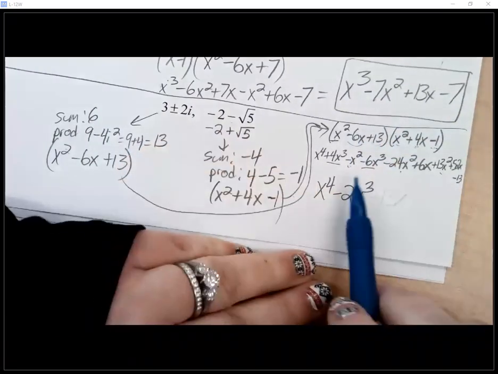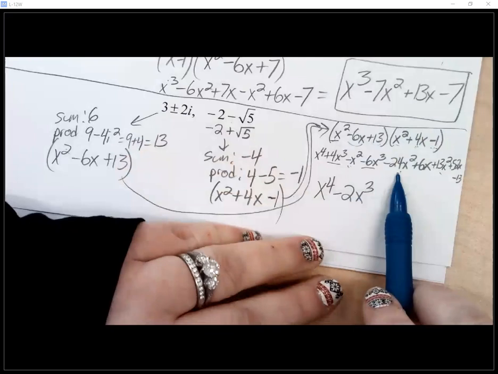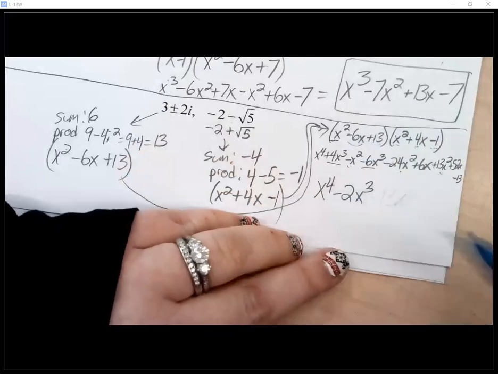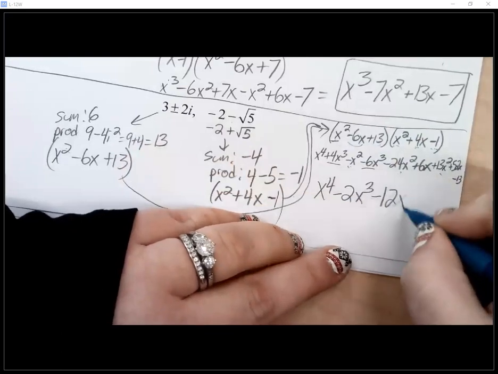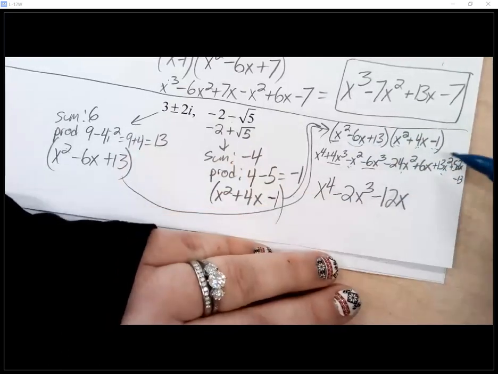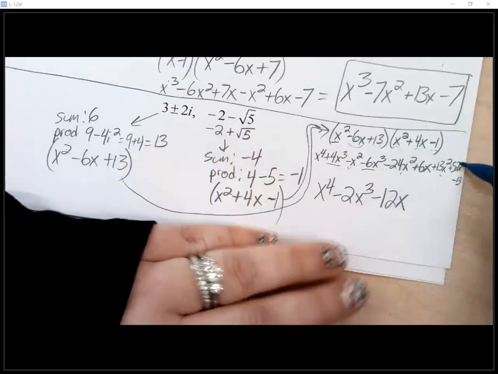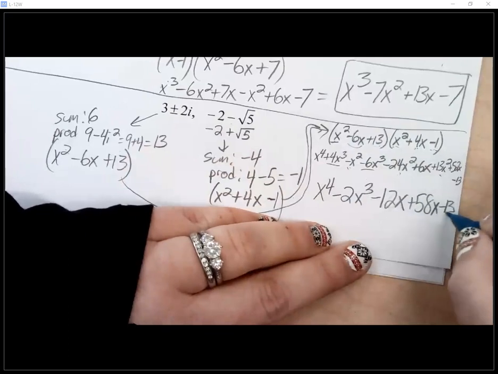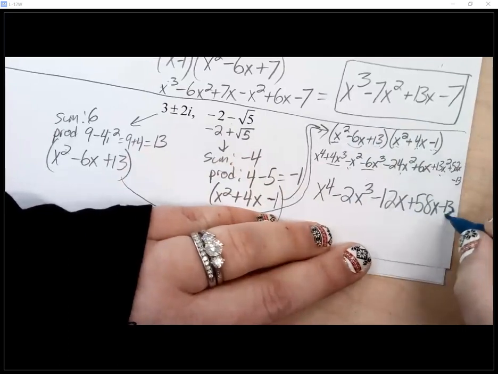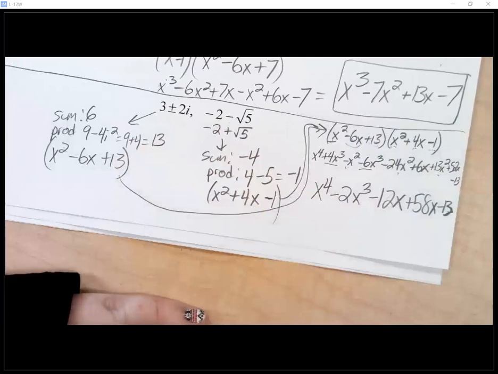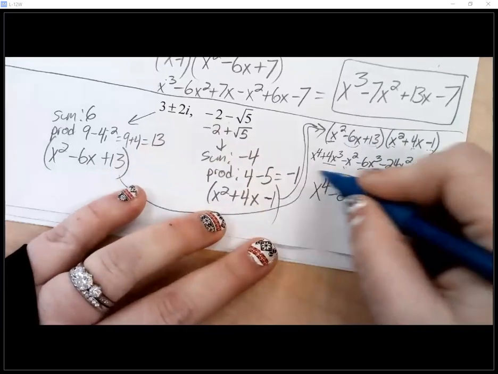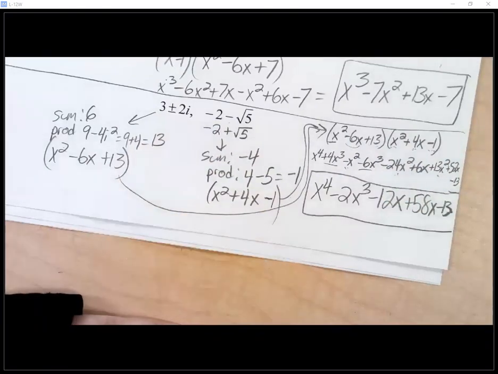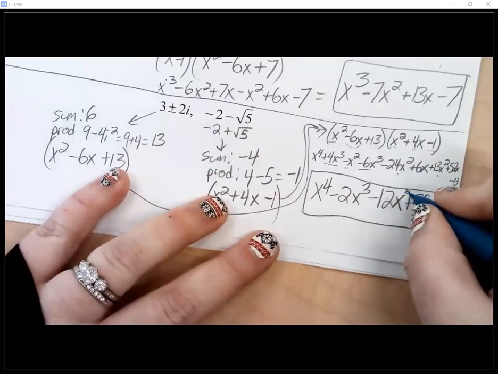So I got a negative 25 plus 13, negative 12. And then x is 6 and 52, so 58. Minus the 13 on the end. Okay, cool. Oh, I forgot the square right there. Oops, there we go. Now we're happy.